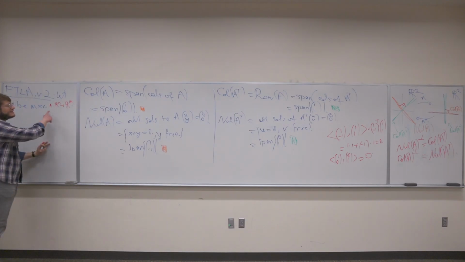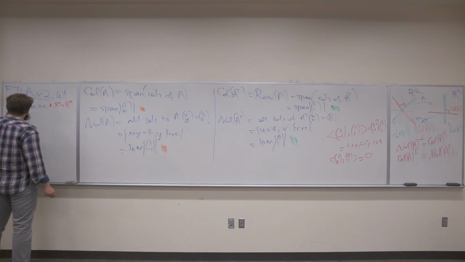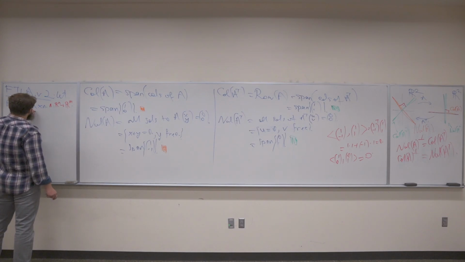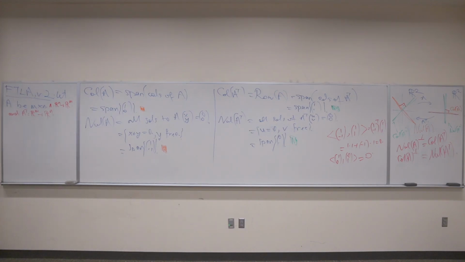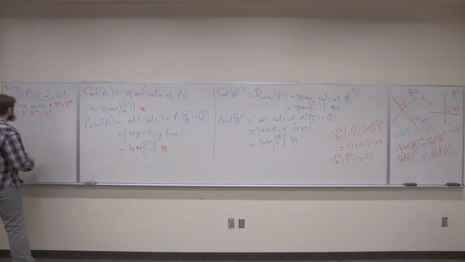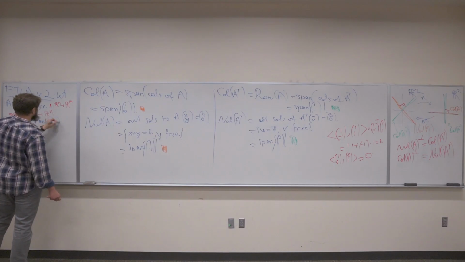And consequently, A transpose goes from Rm to Rn. Then, well, I'll store the rank of A in a variable as well. Put r to be the rank of A.